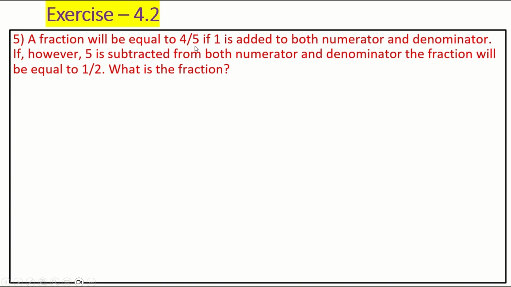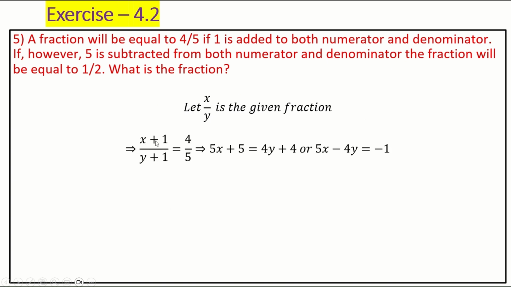A fraction will be equal to 4 by 5 if 1 is added to both numerator and denominator. If, however, 5 is subtracted from both numerator and denominator, the fraction will be 1 by 2. What is the fraction? Let x by y be the given fraction.